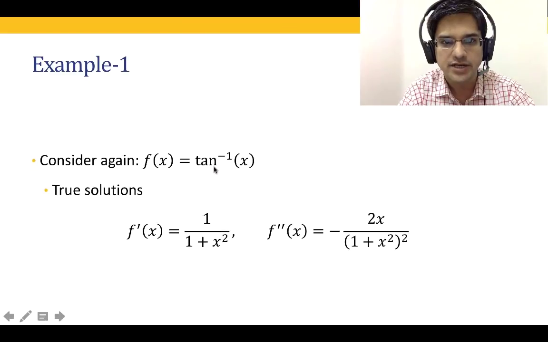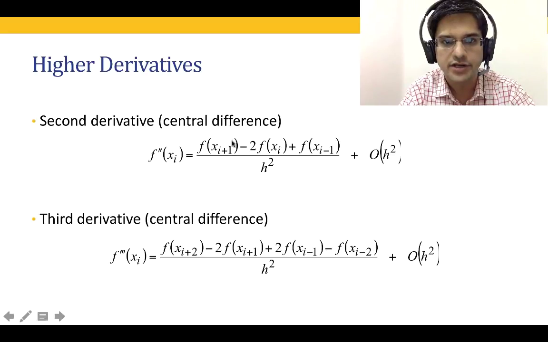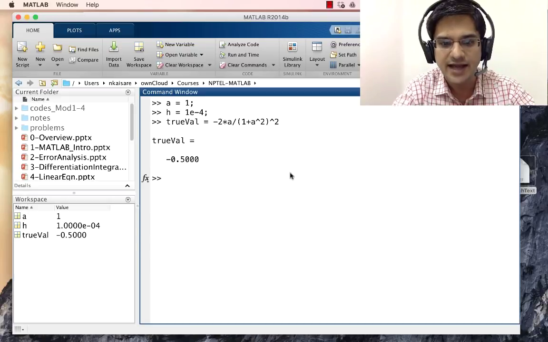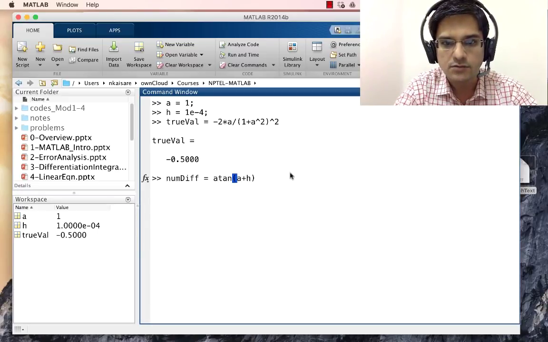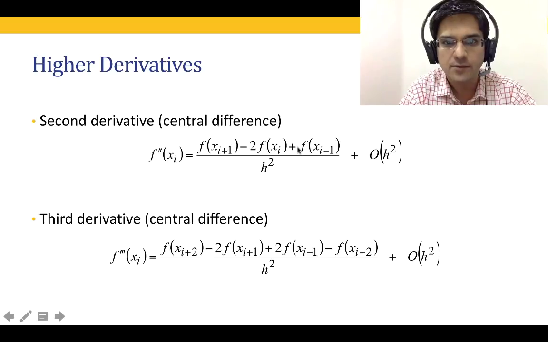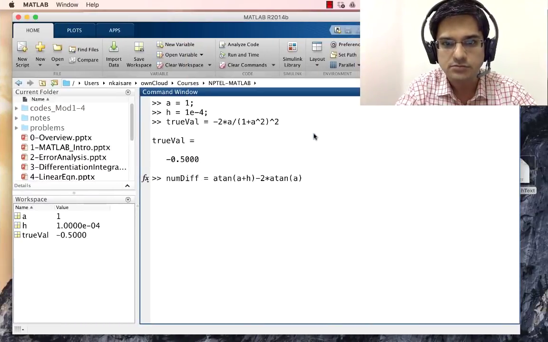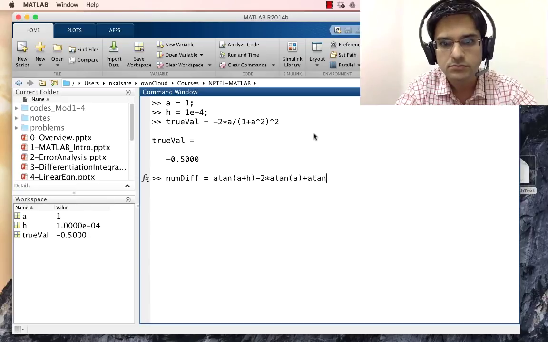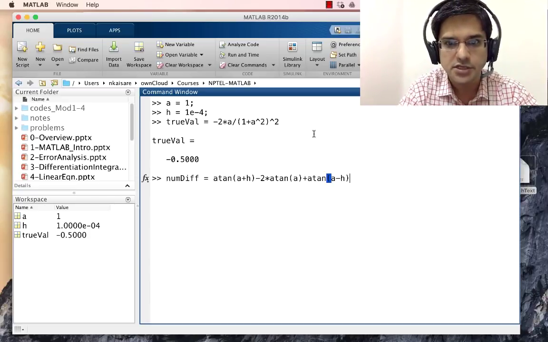Let's compute the numerical derivative using the formula given over here. That is f of a plus h minus 2 f of a plus f of a minus h, divided by h squared. f is nothing but a tan. So num diff equal to a tan of a plus h minus 2 times a tan of a plus a tan of a minus h.